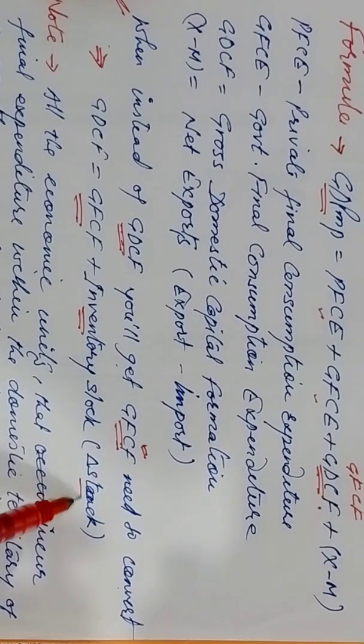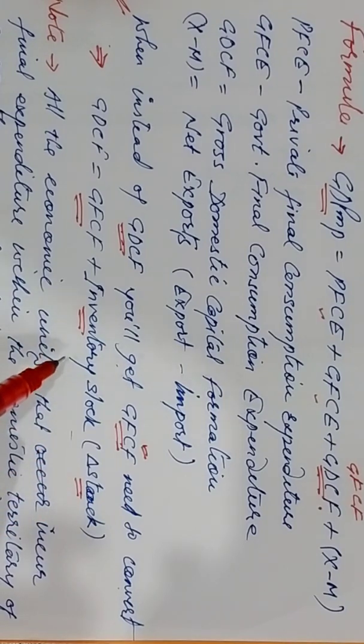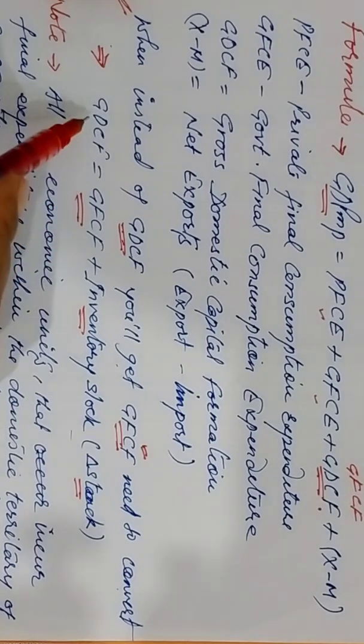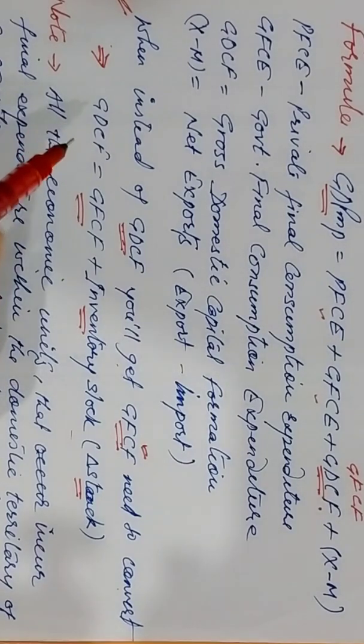Inventory stock is also called delta stock. You just add inventory stock to GFCF, and you will get GDCF. This is a very important thing, so please focus on this video very seriously.